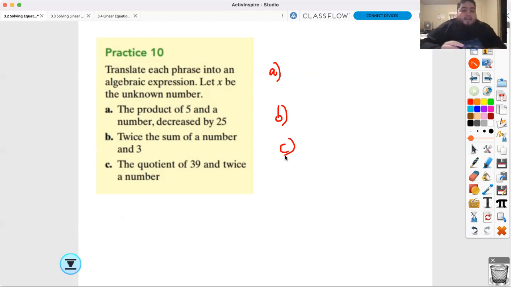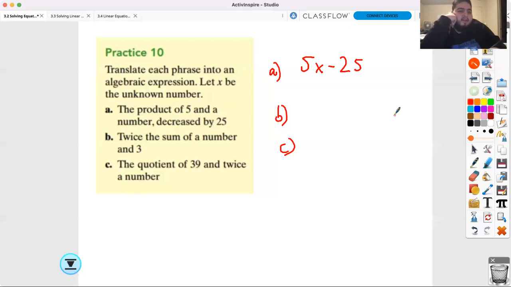Anyone want to share what they got for A so far? Or B or C? Nicholas got 5x minus 25 for A. Anyone want to share their thoughts for A?